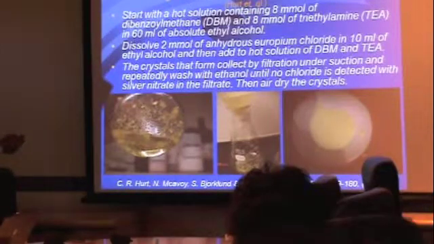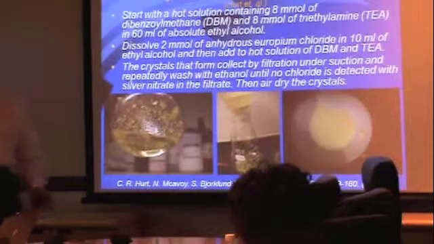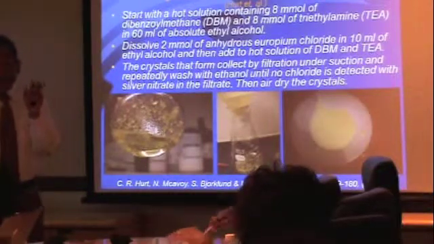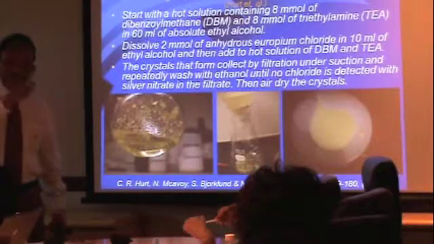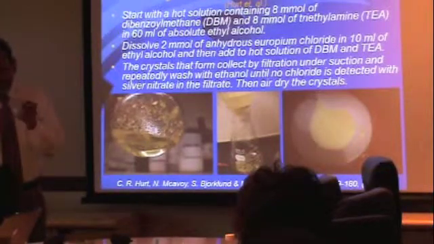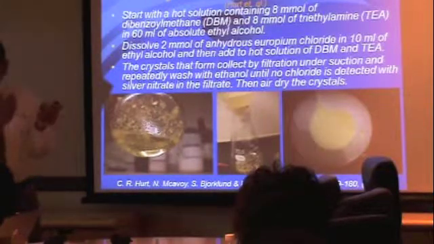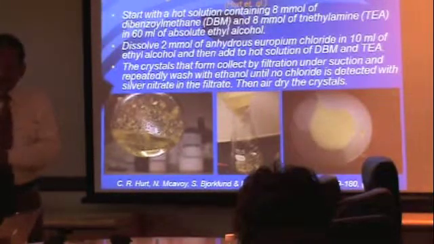You basically start with a hot solution containing 8 millimole of dibenzoyl methane, 8 millimole of triethylamine, and so much absolute alcohol. When I gave you that europium tetrakis, you can have a structure. This is one europium, so many hydrogen and all that chemistry. Then you have to mix the same ratio of those elements, right?